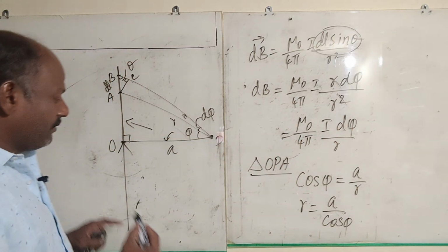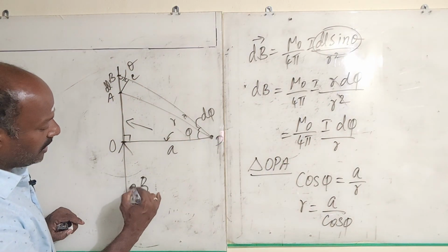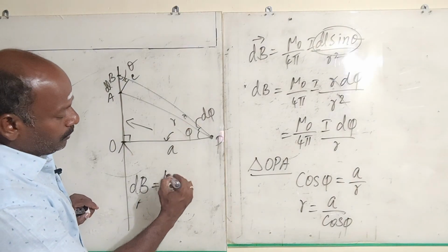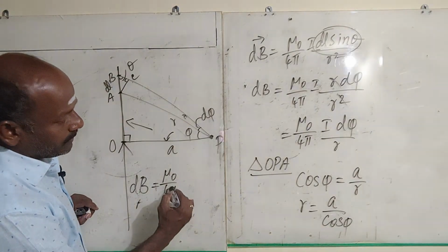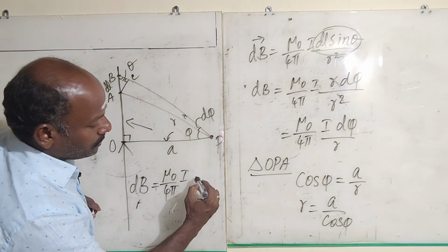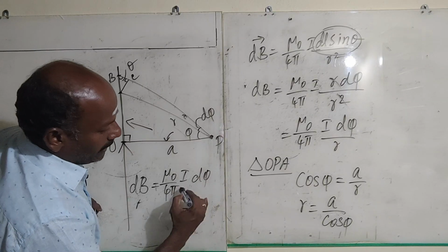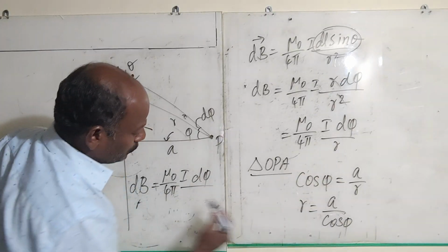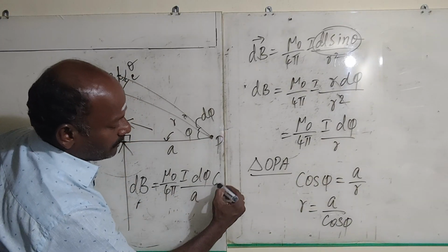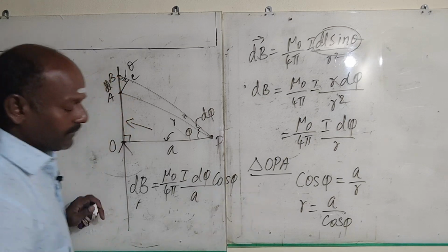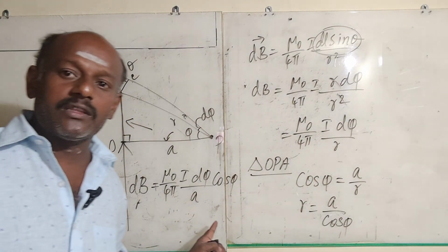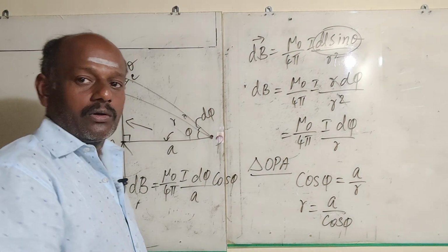I will get dB equal to mu naught by 4 pi into I into d phi. Instead of R, I can substitute A divided by cos phi, so cos phi will go up. This is the final value I am getting.